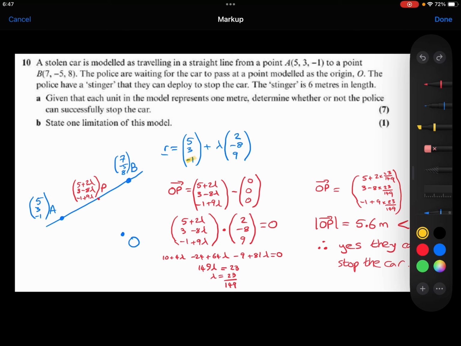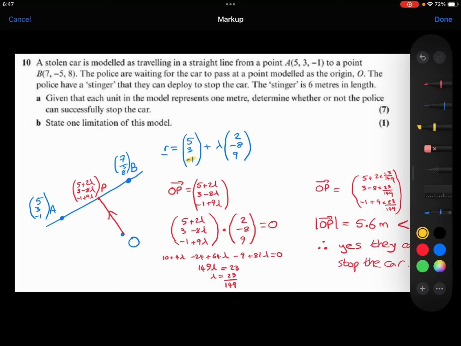I can then work out the vector OP by doing point P, take away the origin, and subtracting the origin will just leave me with OP as being (5 plus 2 lambda, 3 minus 8 lambda, minus 1 plus 9 lambda).